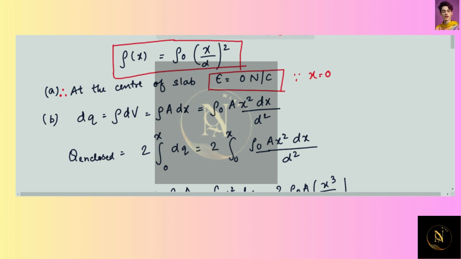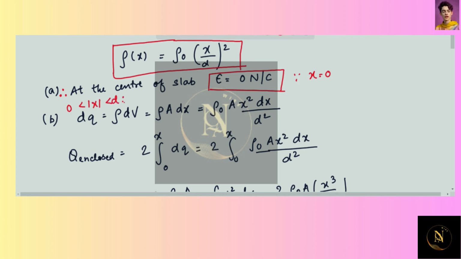So now for the B part, we are asked to find the electric field due to the slab. Here we need to find the electric field between 0 less than x and x less than d.